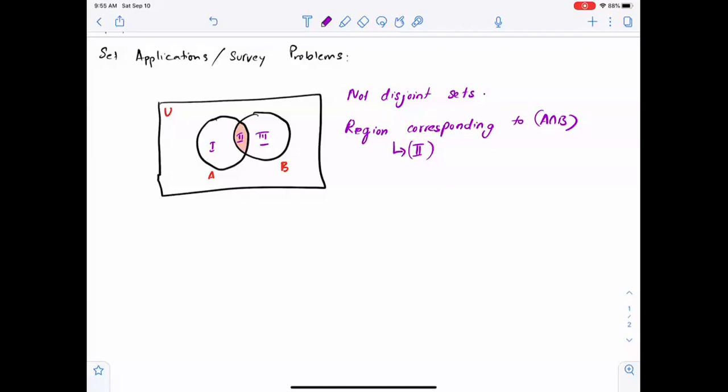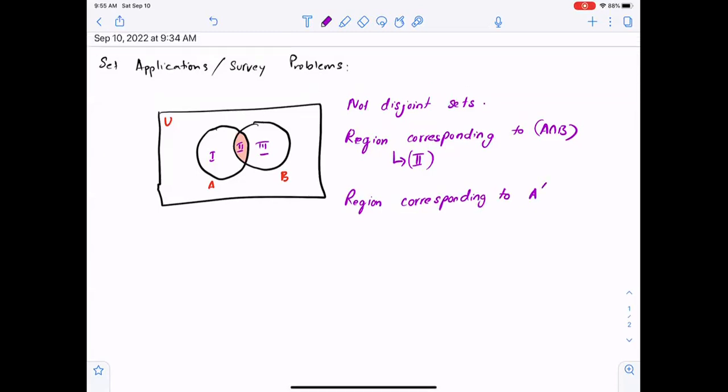Suppose we want to find the region corresponding to A complement. We want to select all regions that would correspond to A complement. So the answer is regions 3 and 4.